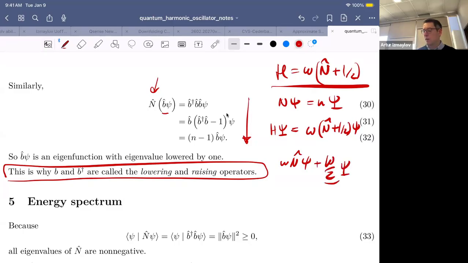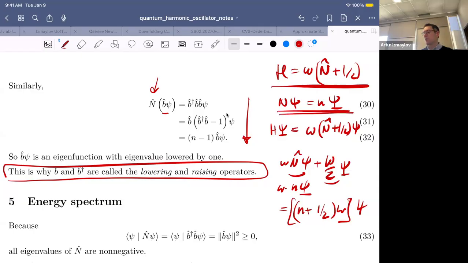That's a constant right away, because the n operator acts on psi and gives you n. So the result is n plus 1/2 multiplied by omega psi. That is an illustration that if you find an eigenfunction of the n operator, it will also be an eigenfunction of the H operator.